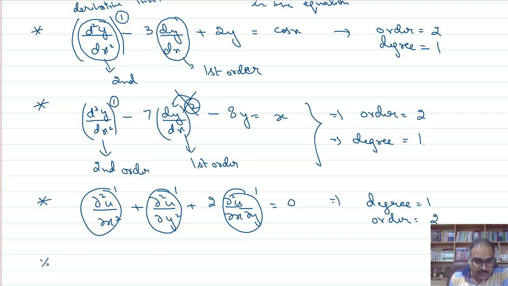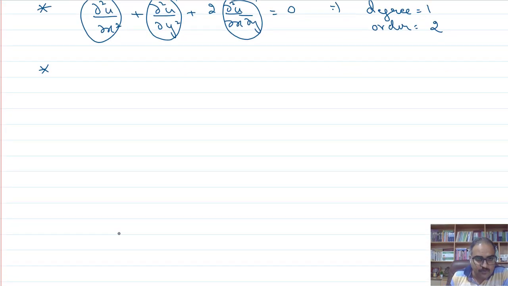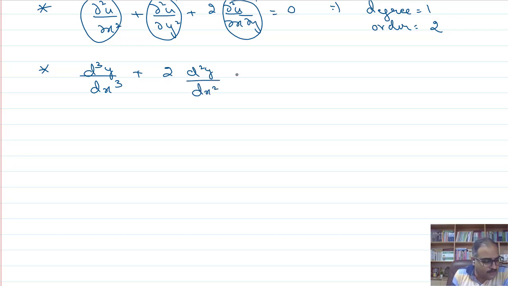Okay, if I take one more example: d cube y over dx cube plus 2 times d2y over dx square into dy by dx plus x square times dy by dx whole cube is equal to 0.